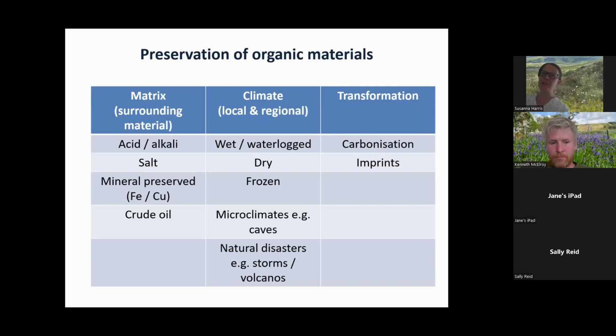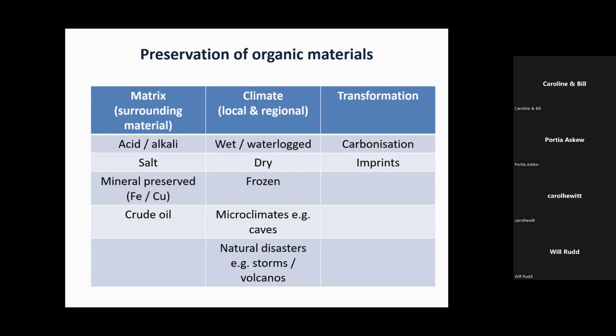In terms of transformations, textiles and other organic materials might be transformed, maybe through charring, carbonization, or through becoming imprints in something, so a textile pressed into a roof tile or something like this.